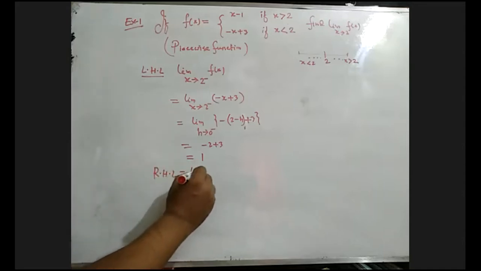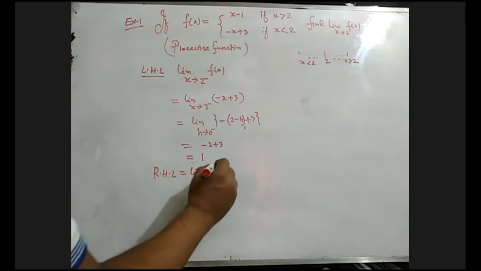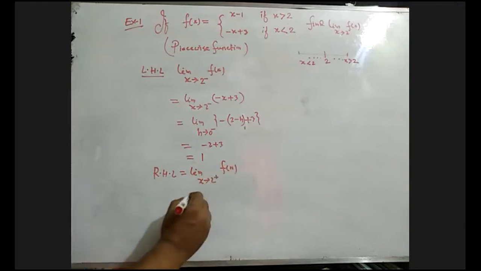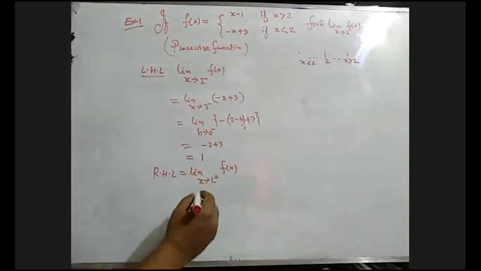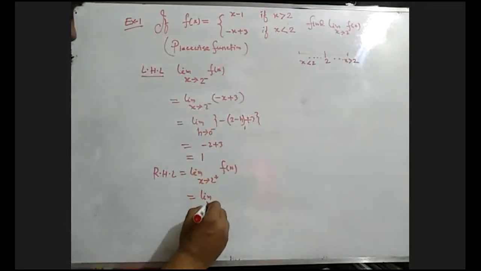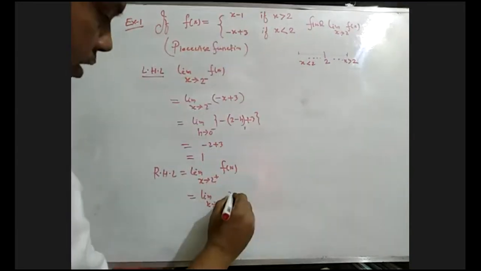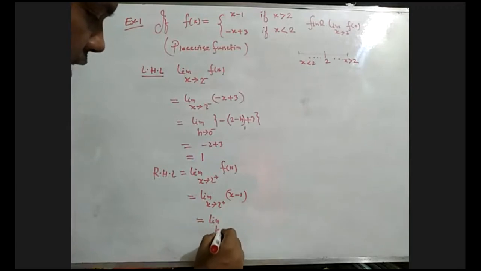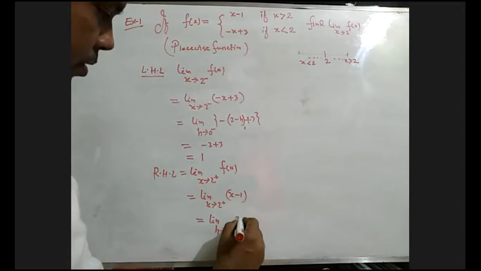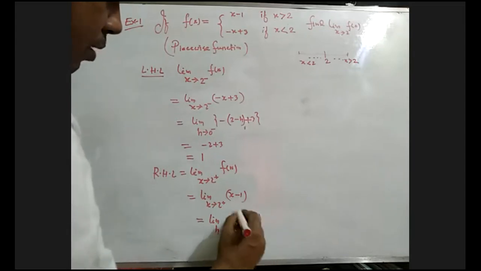Similarly, x tends to 2 plus for the right hand limit. For the right hand limit, in which function is x greater than 2? It is x minus 1. Converting it into a's, we get 2 plus a minus 1.